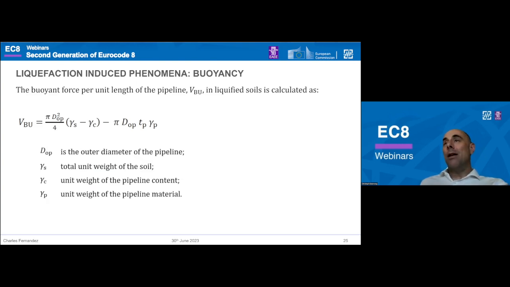So the liquefaction induced phenomena, it's not such a big problem. So we can calculate the self-weight, then the covering soil, and then we have the force that is acting upwards, and then we can easily calculate the pipeline with these forces coming from the liquefaction. The problem is here that usually it is not known: what is the length of the liquefaction zone?